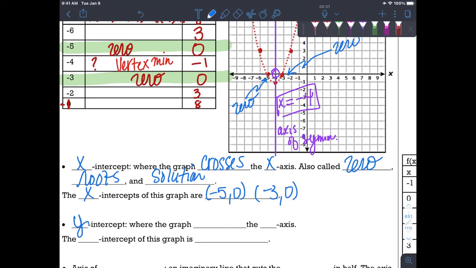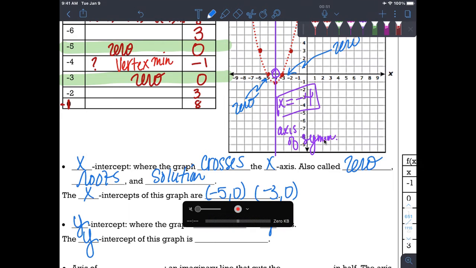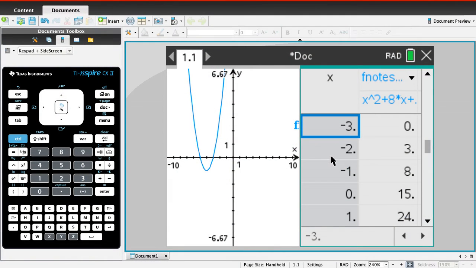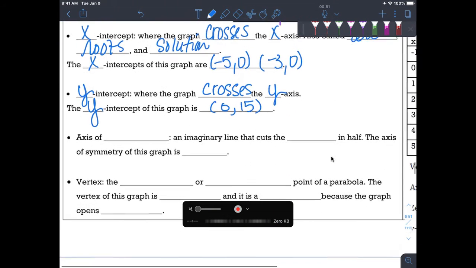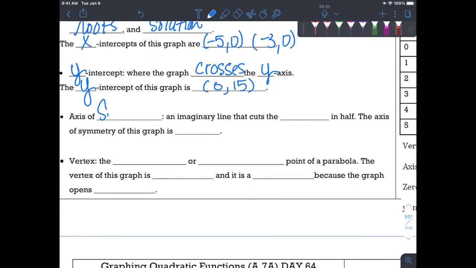My y-intercept is where my graph crosses the y-axis. The y-intercept of this graph would have been located at x equals 0. So let's go back. We're going to find x equals 0, (0, 15).